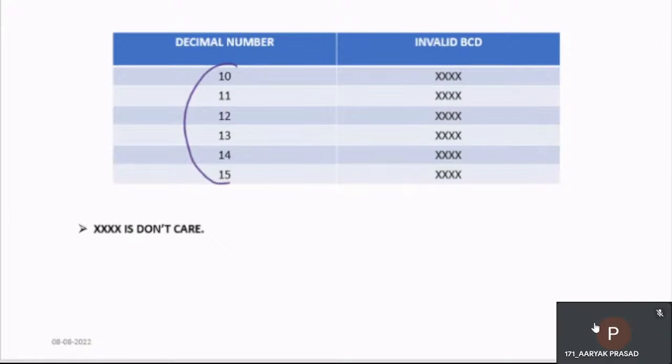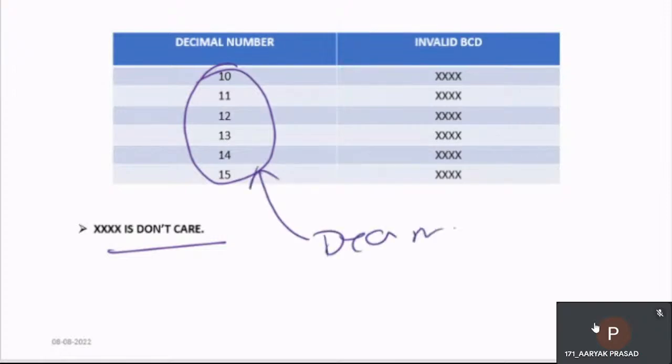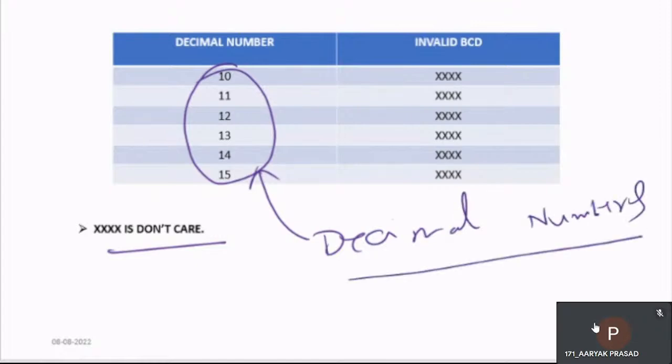So these, 10, 11, 12, 13, 14, 15, are don't cares, because these are decimal numbers, not digits. We are only representing decimal digits in BCD, by encoding decimal digits with 4 binary digits. Okay, so these 6 are the don't cares.